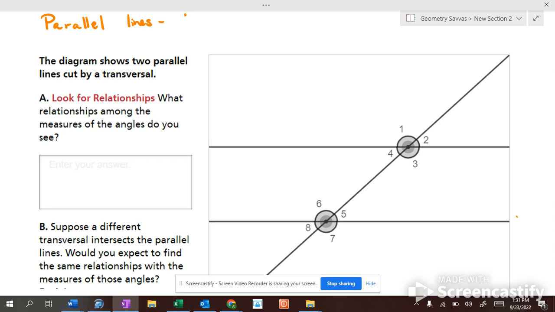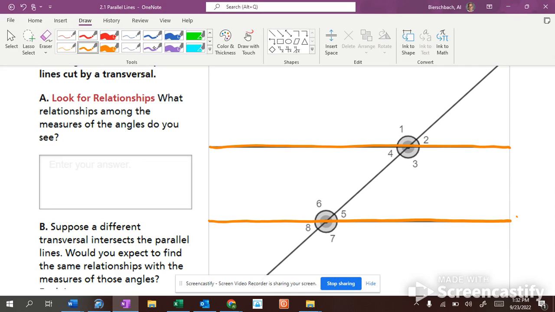Parallel lines are coplanar lines that do not intersect. Coplanar lines that do not intersect. The parallel lines in this picture are going to be the orange ones.